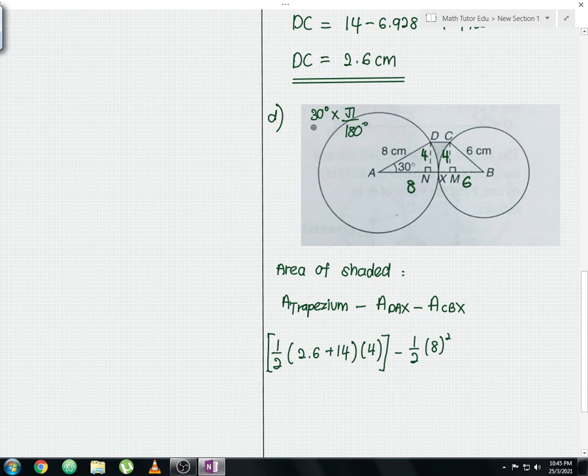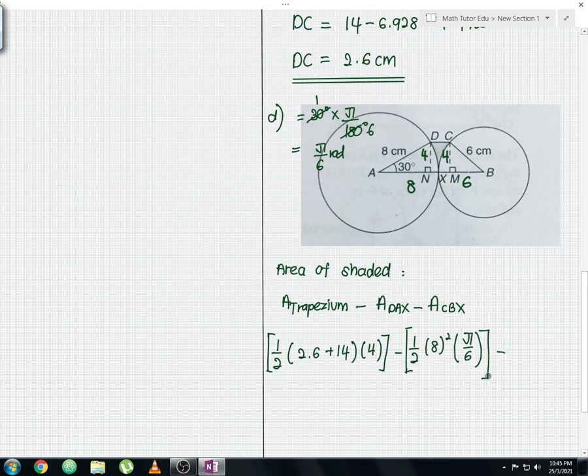Simplify this, you get 1, simplify this, you get 6. So your angle is pi over 6 radian. Let me square bracket this as well. This is for the first sector of the circle, which is DAX.